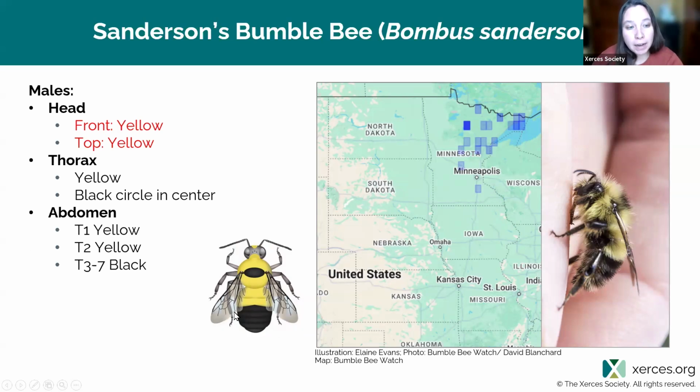The abdomen is mostly black, with the exception of T1 and T2, which are completely yellow. The thorax is yellow with a black dot or oval or band in the center. And then the head of this bee will have yellow hairs on the top of the head and yellow hairs on the face for the males.